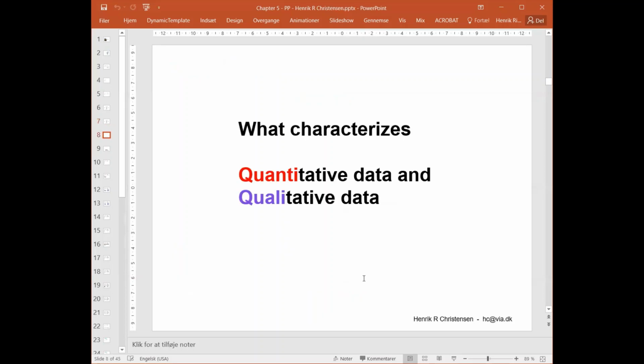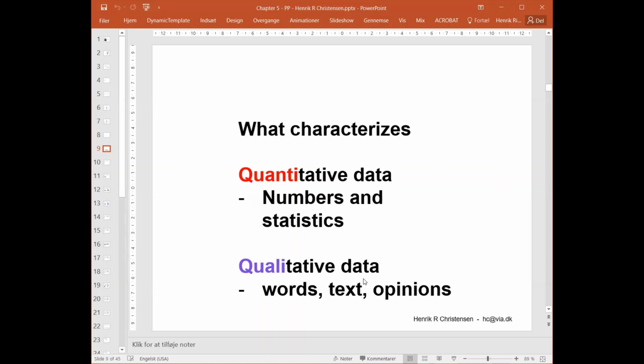So let's look at another aspect of data, namely the division of data into quantitative and qualitative data. Now, quantitative data is about numbers and about handling and evaluating these numbers using different kinds of statistical tools.